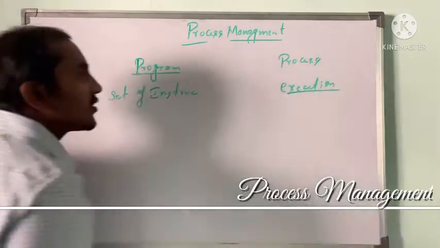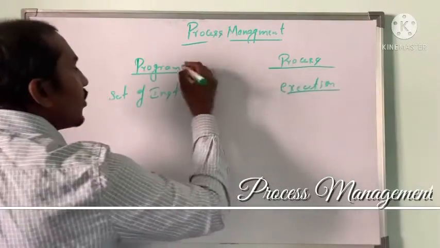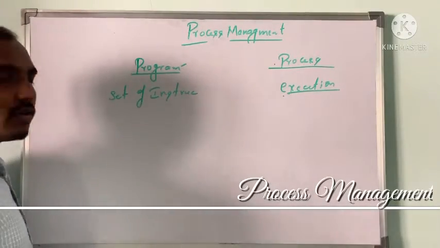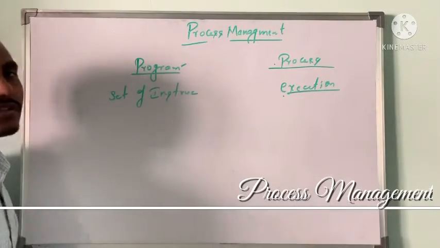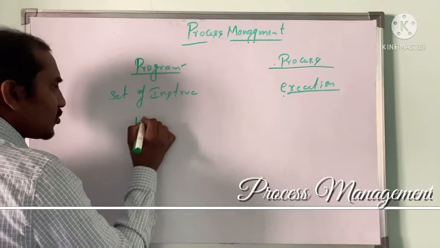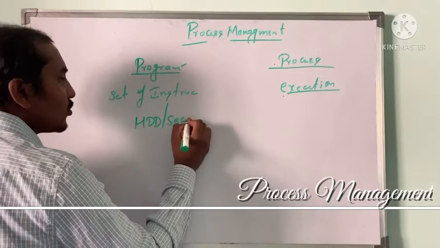If these set of instructions are under execution, then it is called a process. So a program is a set of instructions, and a process is a program under execution, or a set of instructions under execution. You can write both of these things. And a program will be stored in your hard disk, or you can also write secondary storage devices.